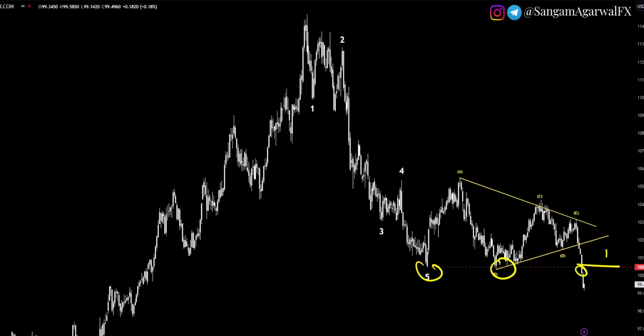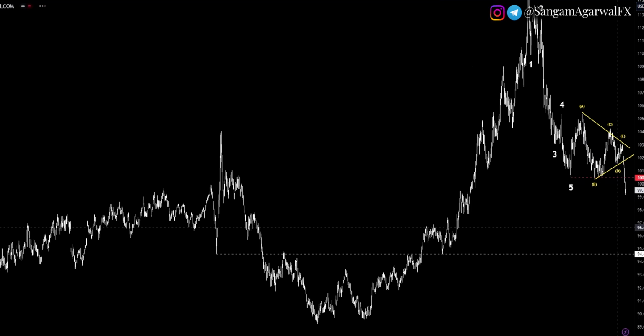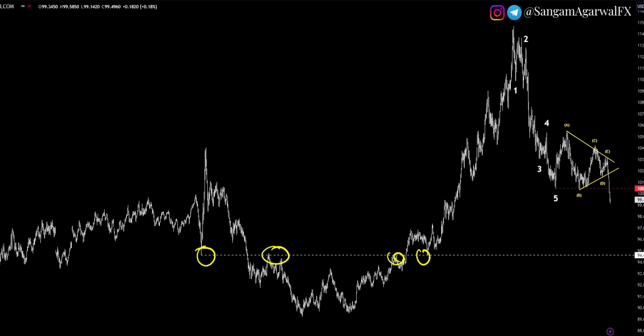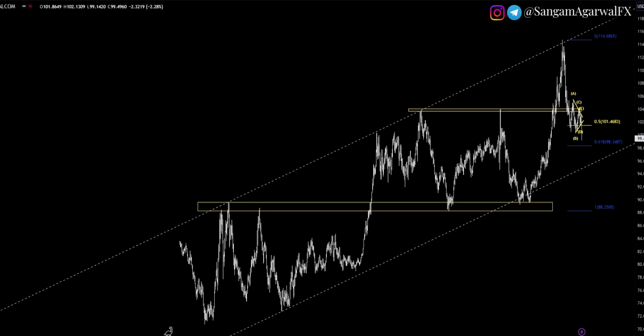So technically your first resistance is 100.48 and the first technical big support is 94. It can make a correction near the 98 level, but technically the big support is 94. And if you see the weekly time frame, the last wave's 61% retracement at 98 can be your nearest support level, but the main target is a retest of this trend line.